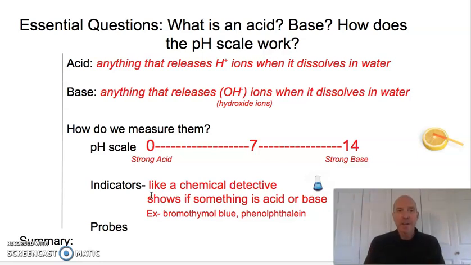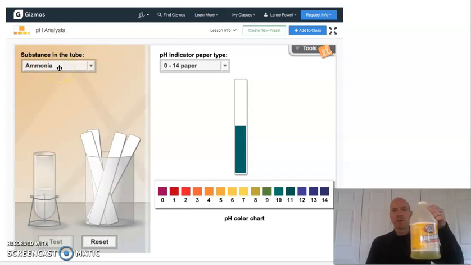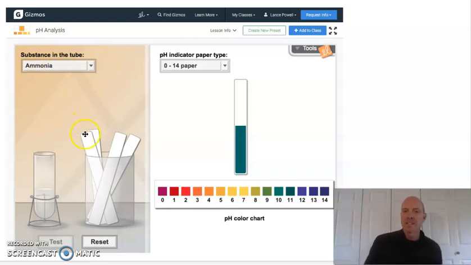Here's the assignment that's going to happen with this, and I wish we were in the lab, you guys, because there's all kinds of really fun things and color changes and bubbles and fizzy things you can do with acids and bases. We're not going to be able to do that this time, but I'm going to give you an online lab to do, and it looks like this. Right now we're testing ammonia, which spoiler alert, we know it's a base, and I'm going to have pH paper here.